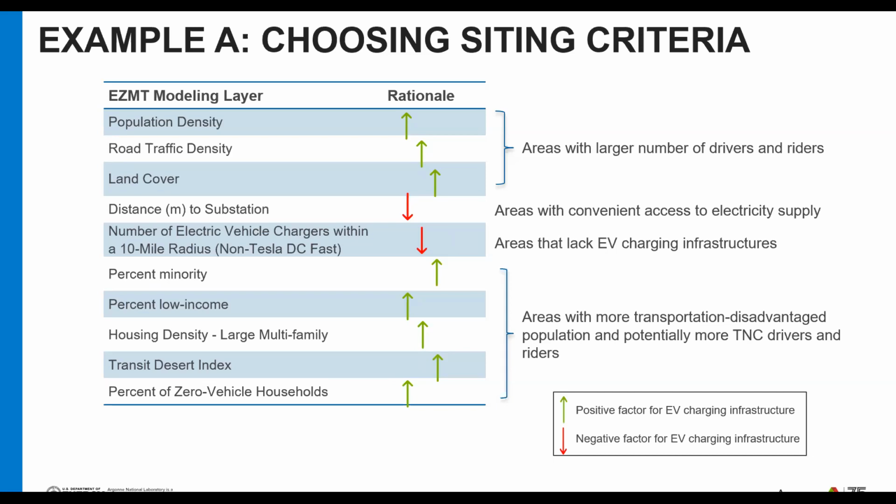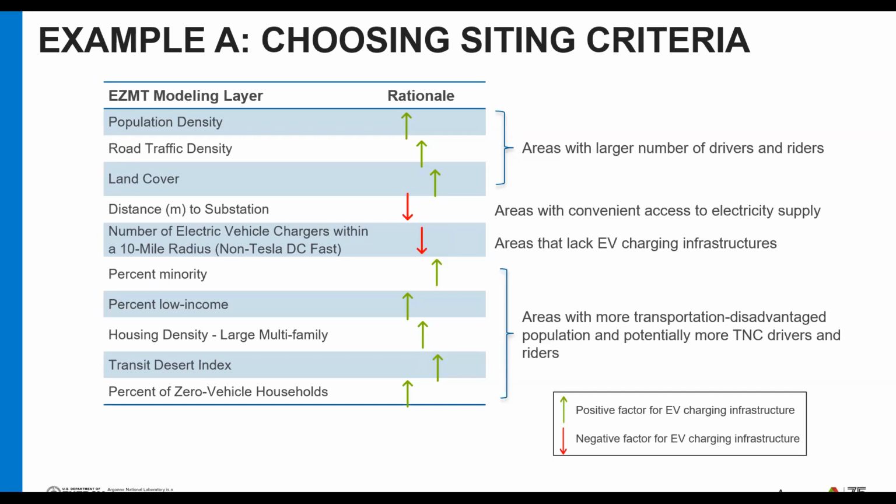For the first three, we would want to put EV charging stations in areas with higher population density, higher road traffic density, and higher land development. So we see an upward arrow in green. But for distance to substations, we want the charging facility to be close to electricity supply. So the arrow is pointing downward.